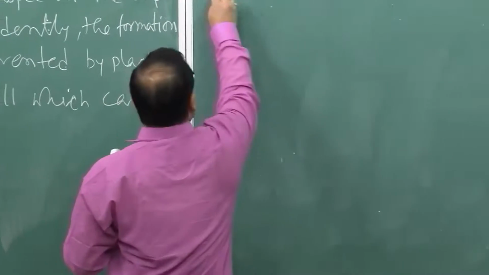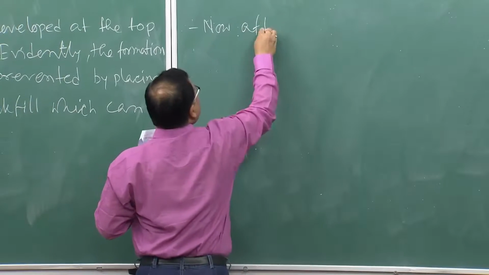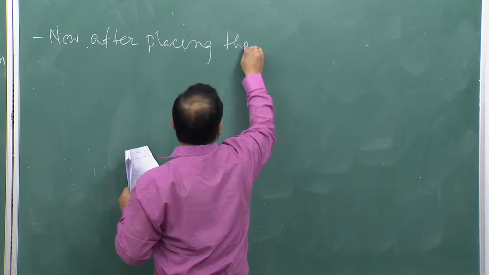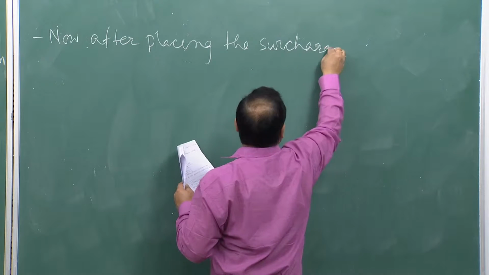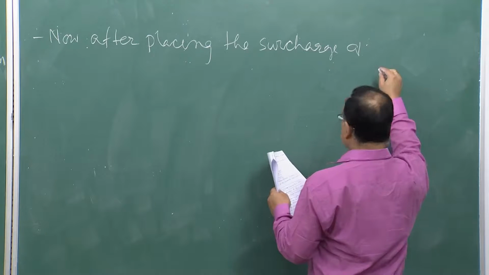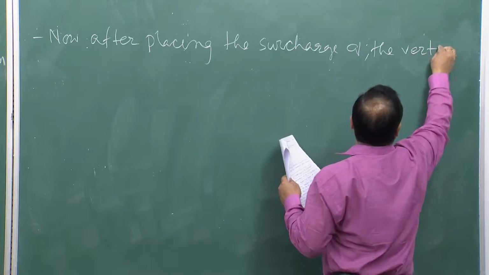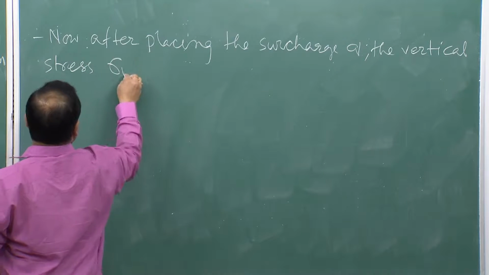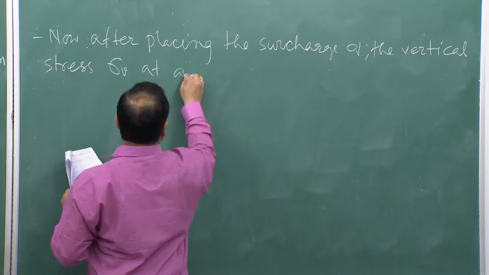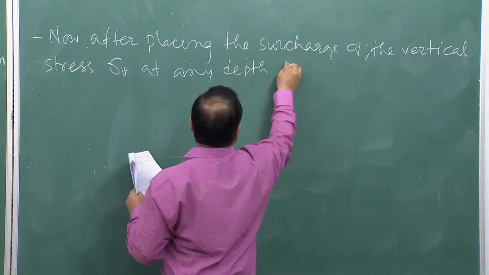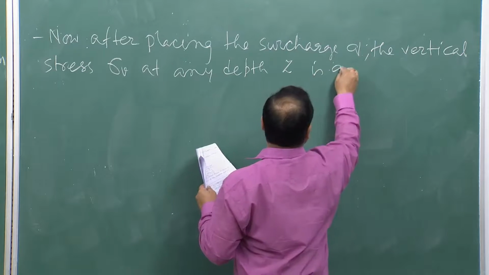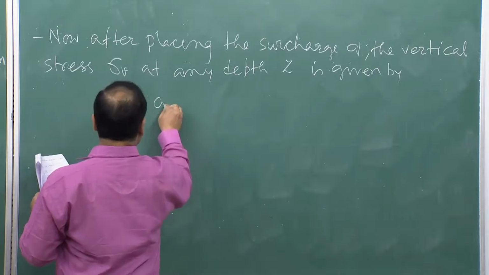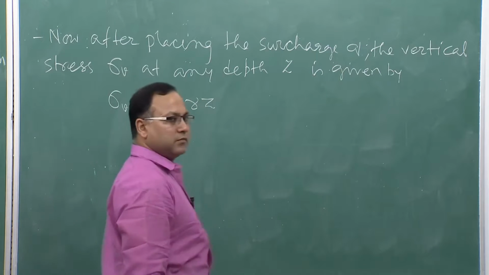So, now after placing the surcharge Q, the vertical stress sigma V at any depth Z is given by sigma V equal to Q plus gamma into Z. Agreed?